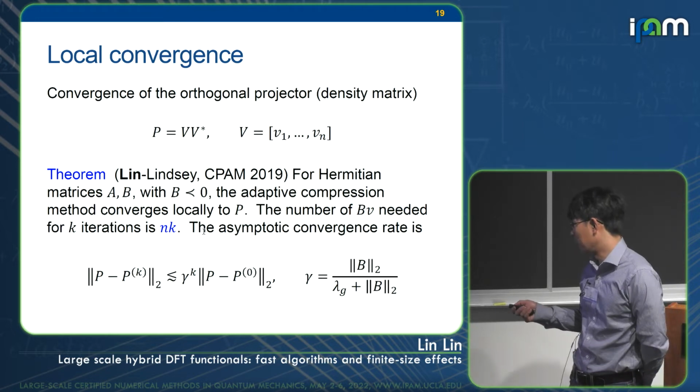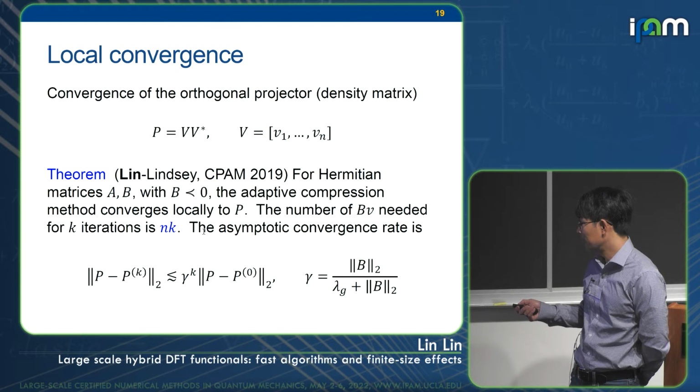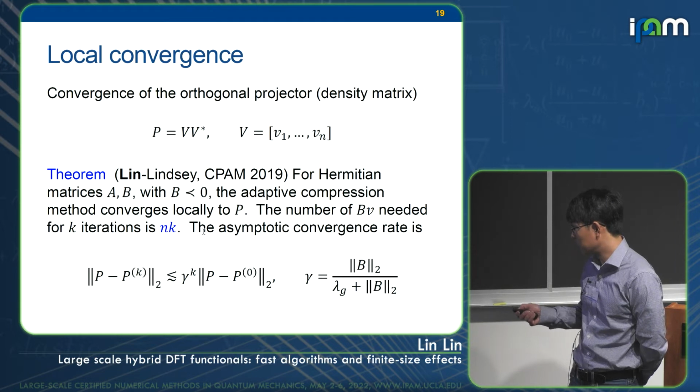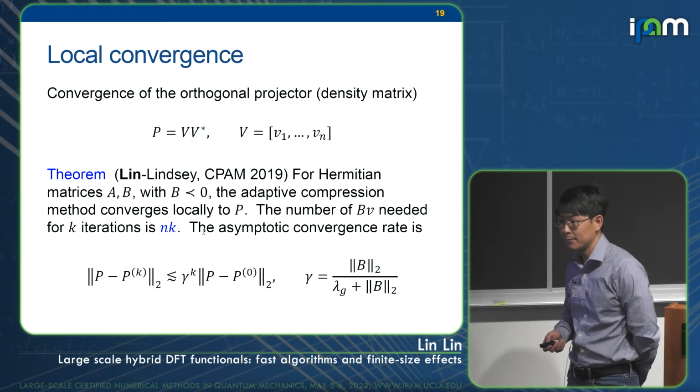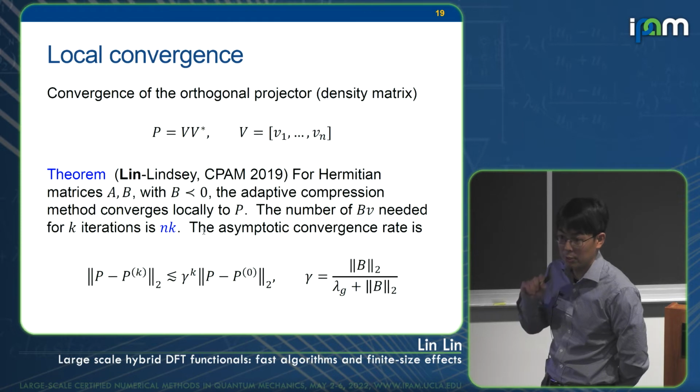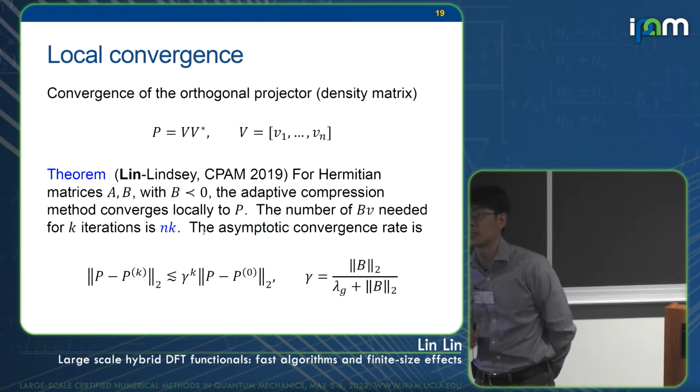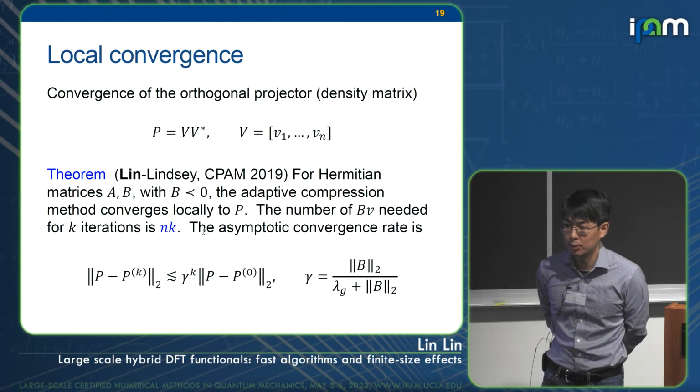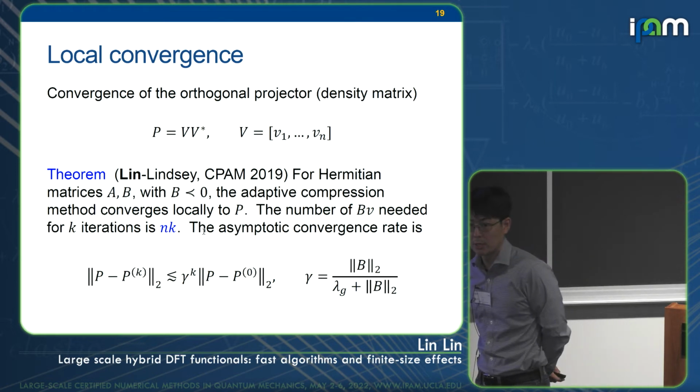And you also have the asymptotic convergence rate, which is gamma to the k. Importantly, this convergence rate only depends on parameters related to the gap and also the spectral norm of B. It has nothing to do with the spectral norm of A, which is the large guy. So this is really how you save the cost.